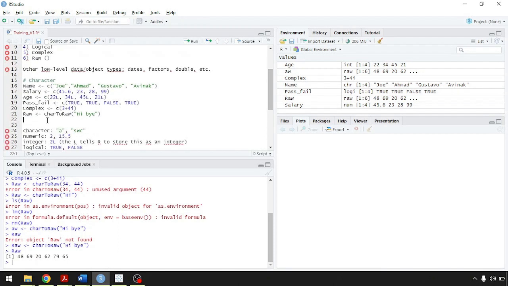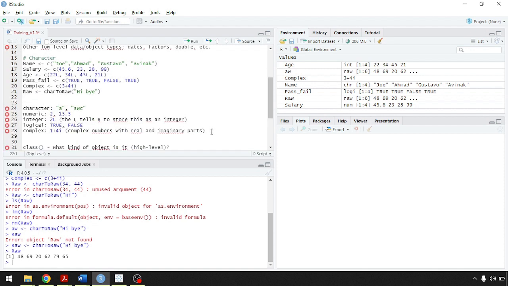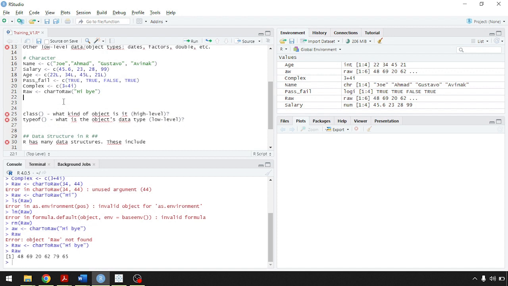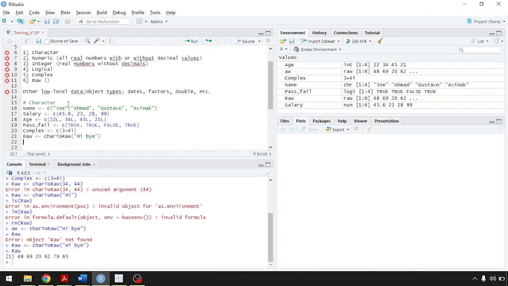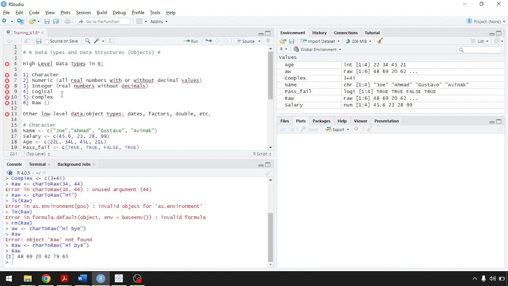There are a couple of important functions that I would like to mention here. As I said, it's important to categorize these as high-level data types because there are other low-level data types that use these data types in order to construct additional types.